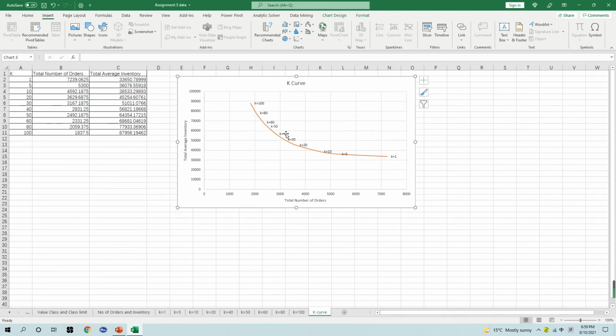We use the K curve to answer questions like how many deliveries one can cope with, which is more convenient than answering questions like what it costs to place an order.